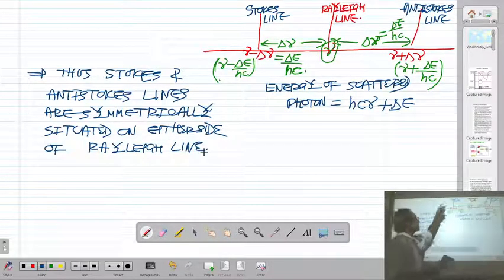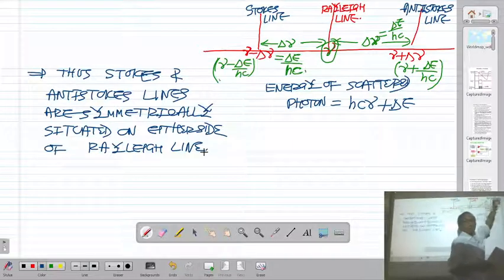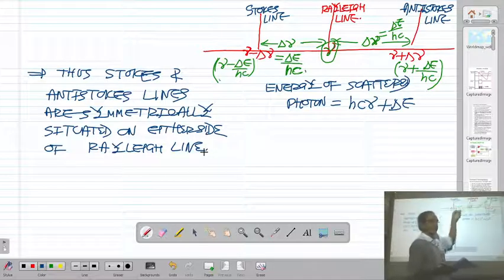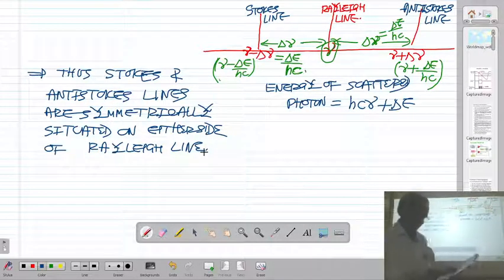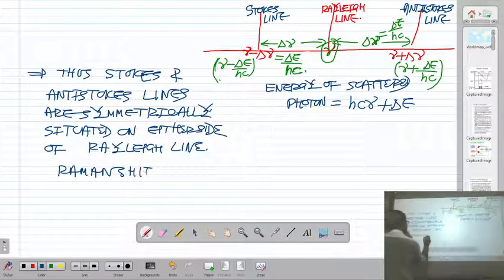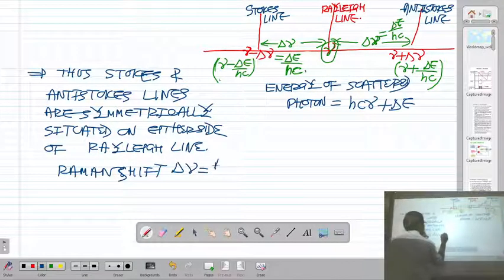You can see that the Stokes Raman line and the anti-Stokes Raman line are symmetrically situated on either side of the Rayleigh line. The Raman shift is equal to delta E upon SC, right?